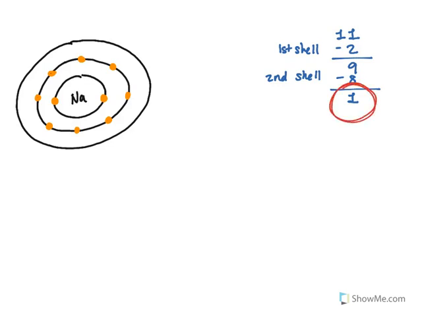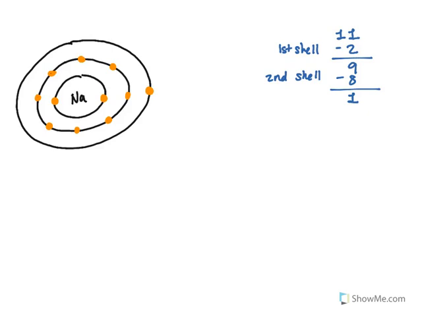So I'm not going to draw all 18 electrons. I'm only going to finish off by placing that last electron in the third shell. It doesn't matter where you draw it. You want to draw that guy there? Go for it. He's alone in that third shell.